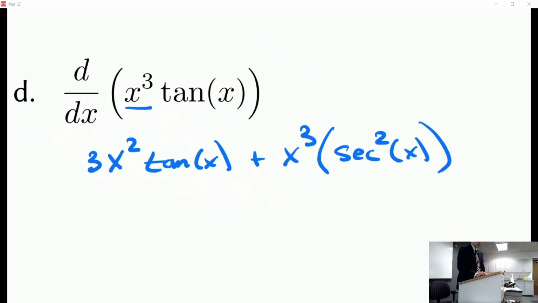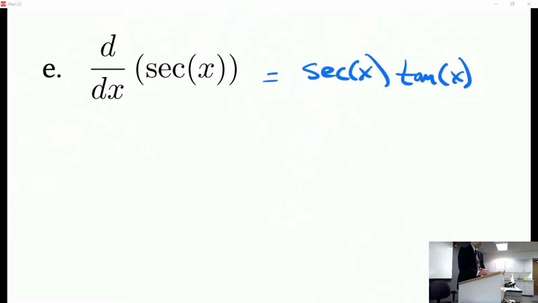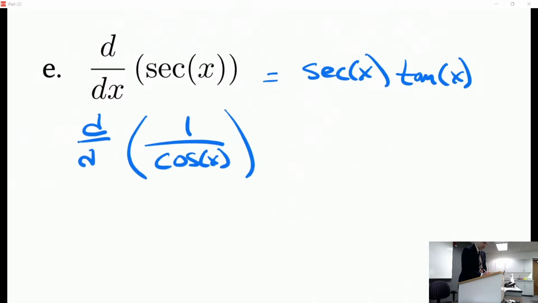That wasn't too bad. This one is just the secant times the tangent. And if you forgot that, you could always do this using the quotient rule and 1 over cosine. If you ever forget this, like on an exam, you can always rederive it.